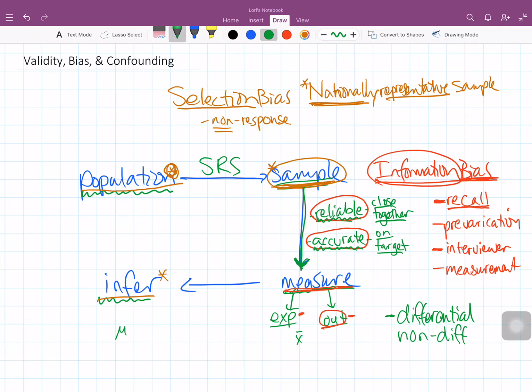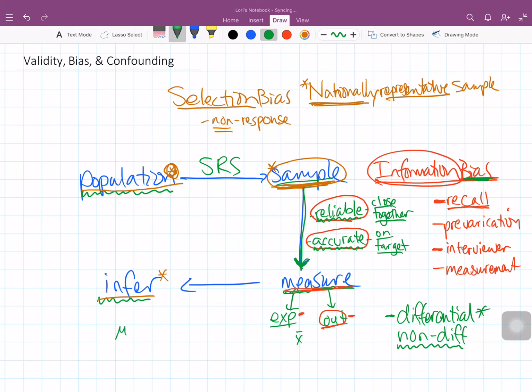And so it's really important when we're thinking about bias, if we're reading a particular study and we're saying, wow, that might have been affected by bias. If it's differential bias, then that's way more problematic than being non-differential bias. So let's go back to the example of a scale. Let's say that every single person uses the same scale.